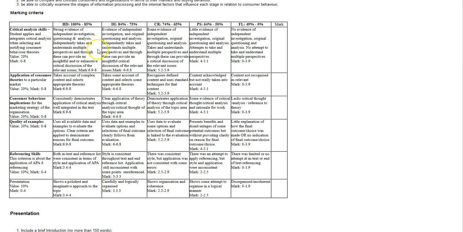Independently takes and understands multiple perspectives, and through these can provide an insightful and exhaustive critical discussion of the relevant issues. And so you can see the marks for each area. For critical analysis skills, the value was 20%. For the application of theories, 20%, implications, 20%, the examples, 20%, and referencing and presentation are worth 10% each.